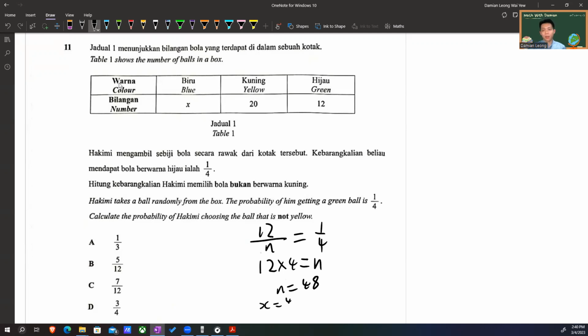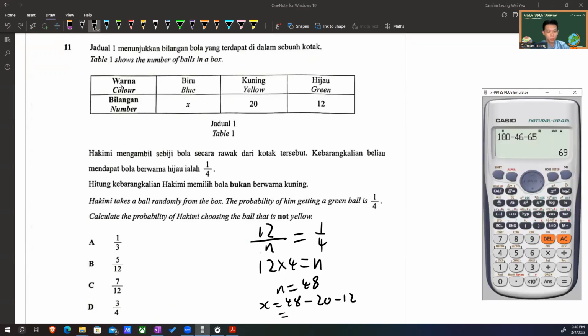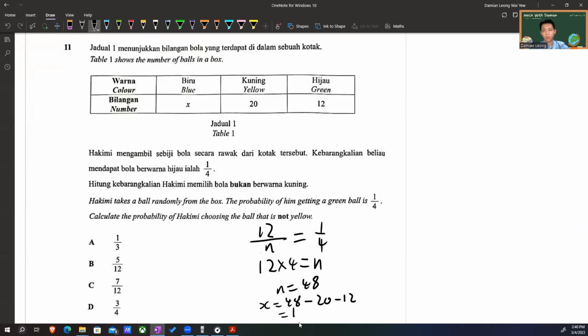So to find x, I take 48 minus 20 minus 12. Okay, 48 minus 20 minus 12, 16. So actually, I don't even need to find x. But if you can, this is optional.